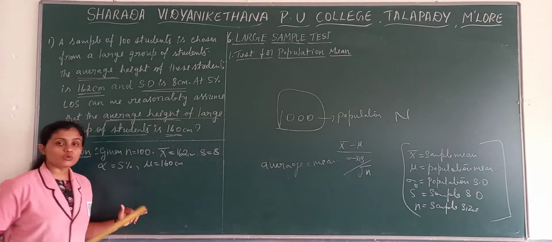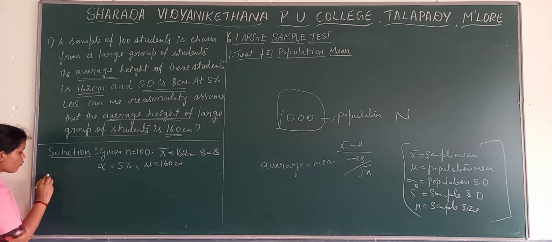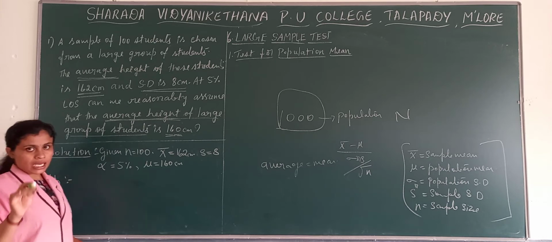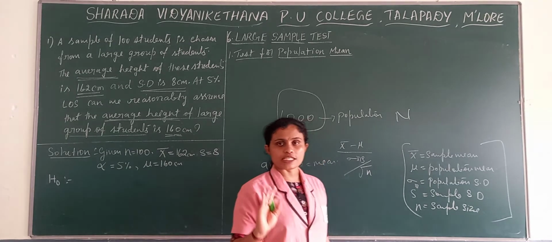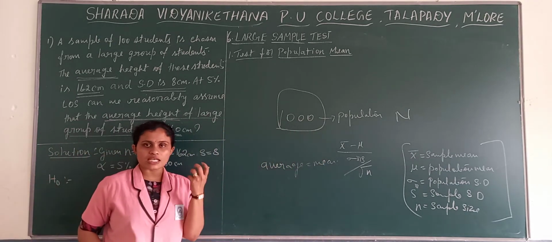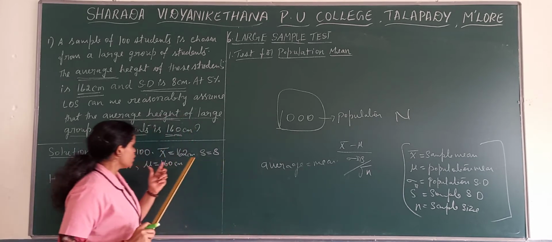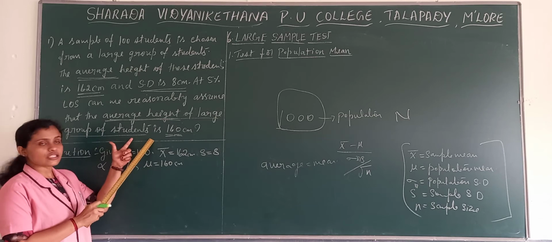Next we will move towards the first step, step 1. No need to write step 1. Write the null hypothesis. How to write the null hypothesis? While writing the null hypothesis, always see the question. The sentence which is connected with the mu value, the population mean, that sentence you have to see.